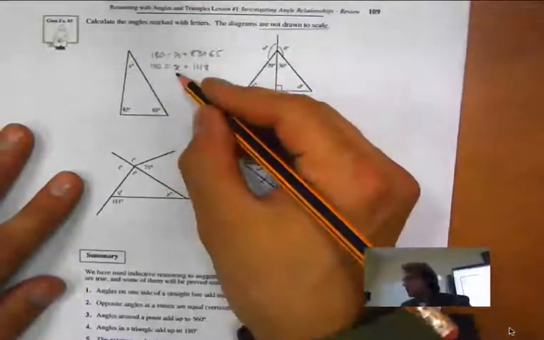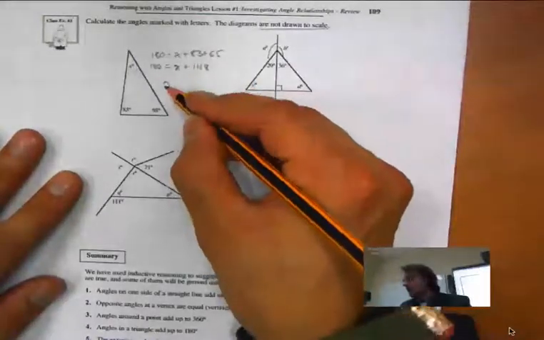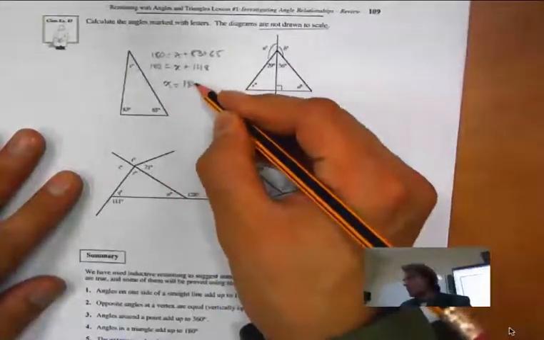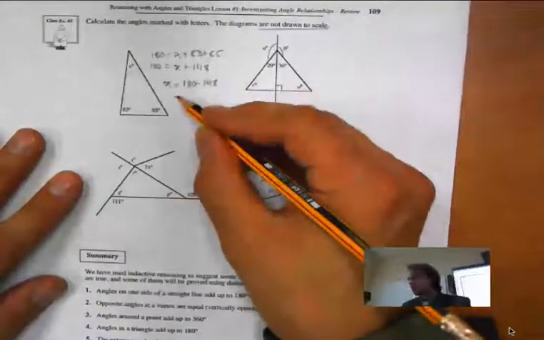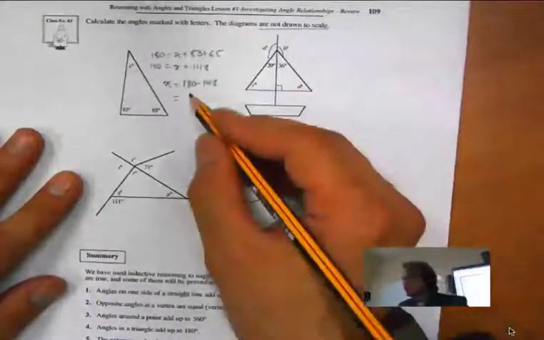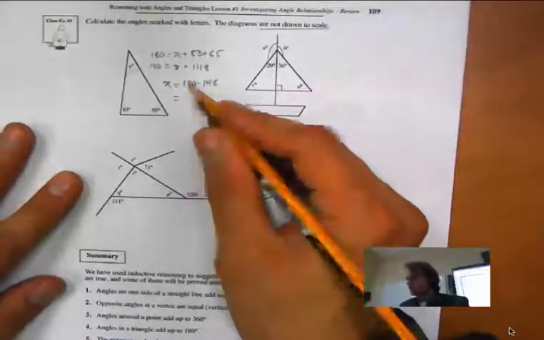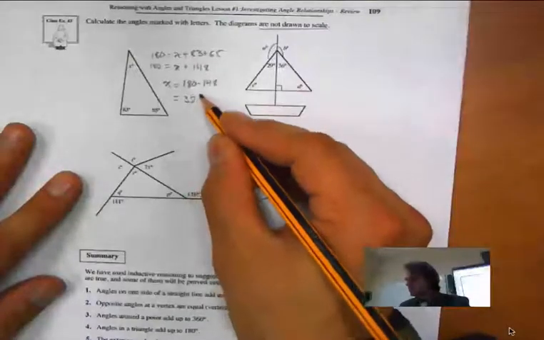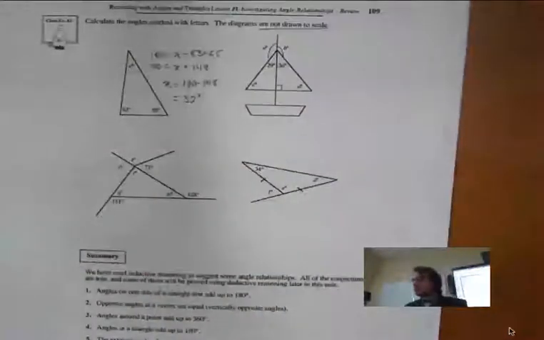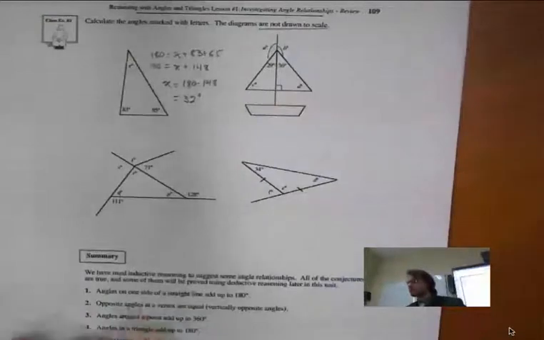So now we have to isolate and solve for x. X is equal to 180 minus 148. That's going to give me a total of 32 degrees. So angle x is equal to 32 degrees.